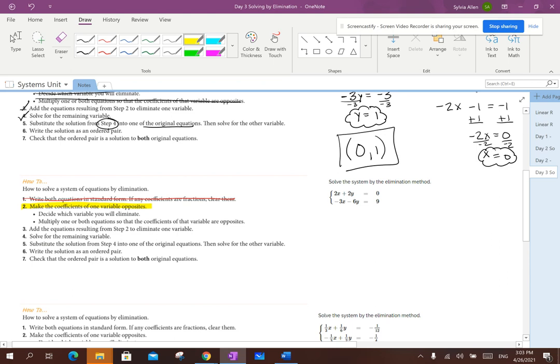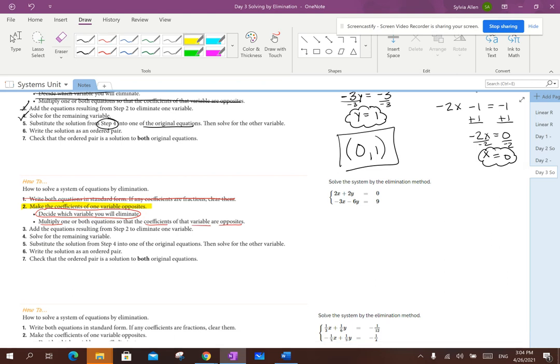It says now decide which variable you want to eliminate. So I can choose to eliminate the x, or I can choose to eliminate the y. Here's the logic behind this: you want the variables to be opposites. We have to do that by multiplying either one equation or both so that the coefficients of that variable are opposites.